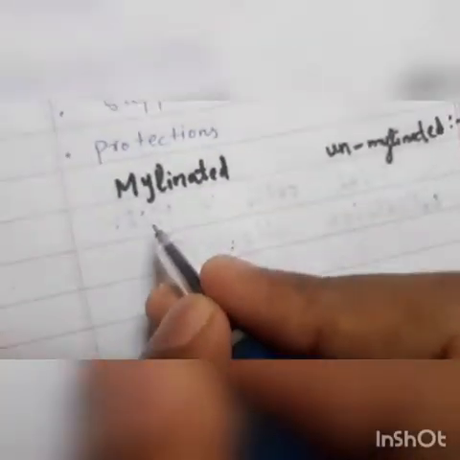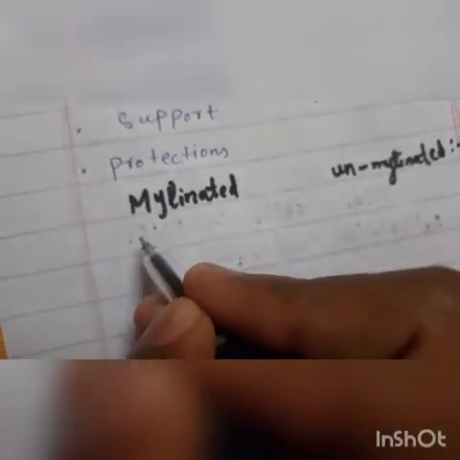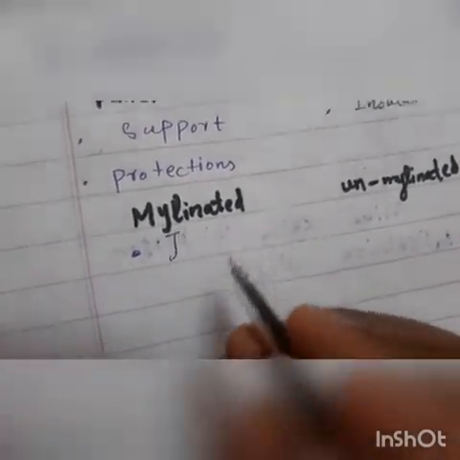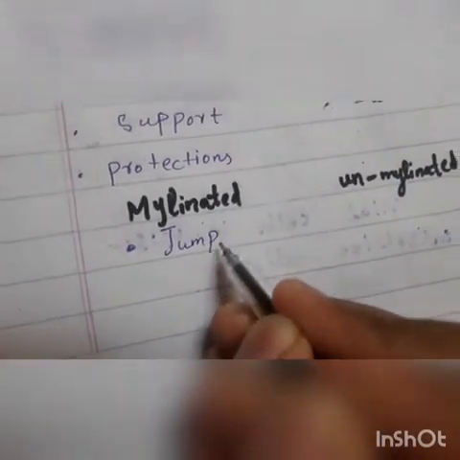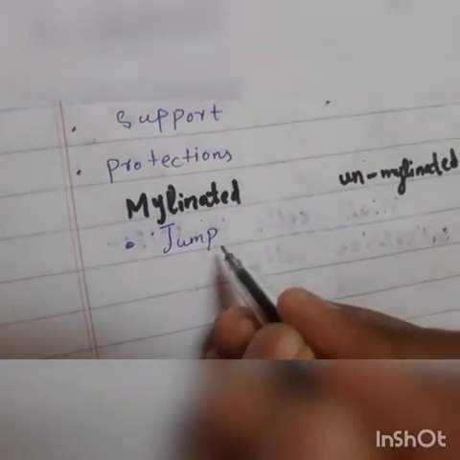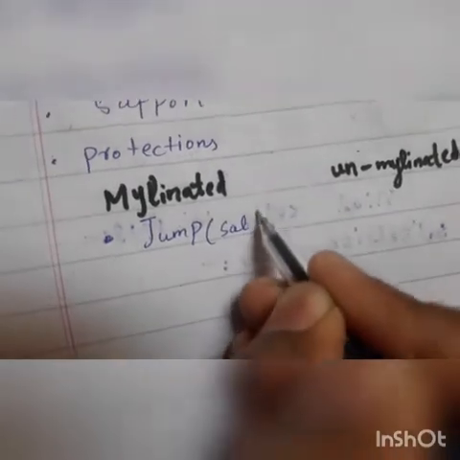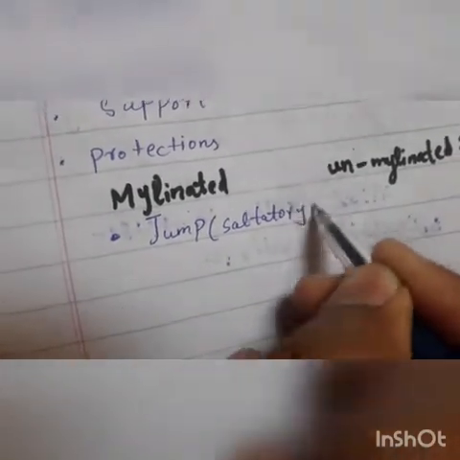Now I compare the difference between myelinated and unmyelinated nerve impulses. In a myelinated nerve, the impulse can jump from one node of Ranvier to another, and this jumping impulse is called a saltatory impulse.